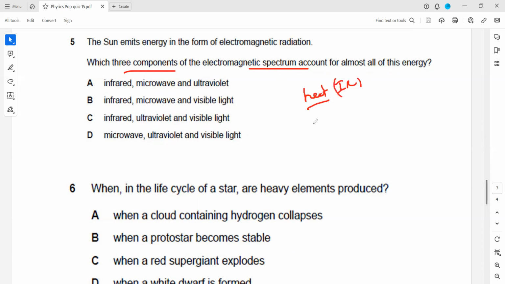The Sun is also giving us visible light, the part of the spectrum which we can see. And the Sun is also giving us ultraviolet, UV, most of which is blocked by the ozone layer. So infrared is there, the heat radiation, the ultraviolet is there, and the visible. So C is the right answer.